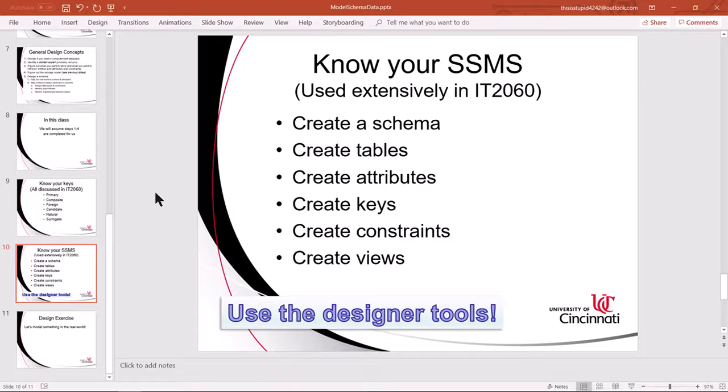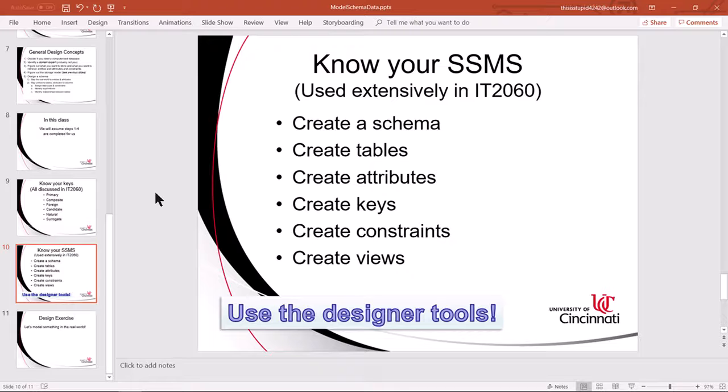Some of the queries that we created in 2060 are beyond the capability of the view designer, but for basic queries, the view designer is an invaluable tool, and it's much faster to use the visual tool provided by SSMS than to try to type things in by hand for most people.